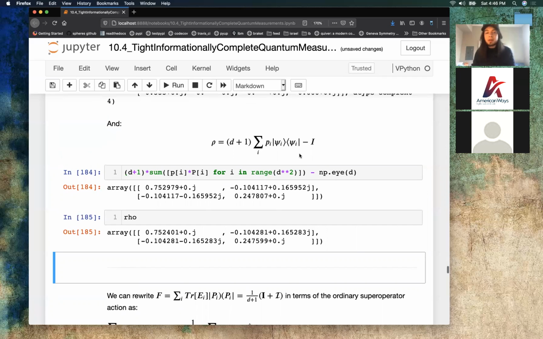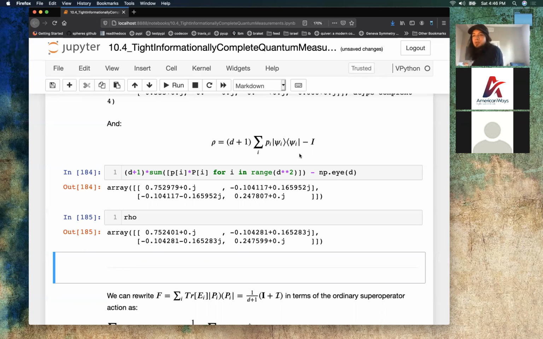So remember, when we were talking about operator frames, you have your operator frame elements, and then you have your dual elements. You take your inner products with the matrix you're interested in with the elements, and those turn out to weight the duals.